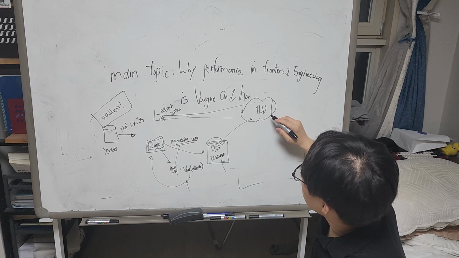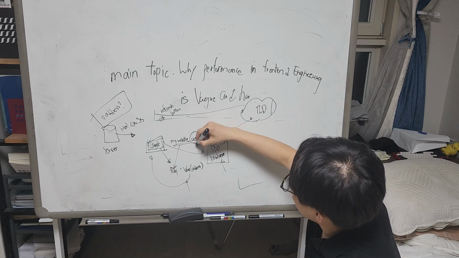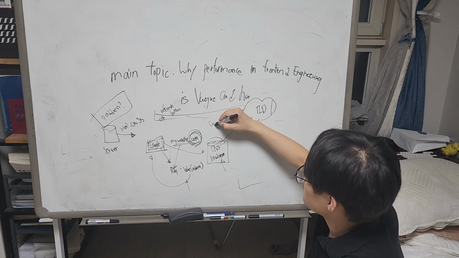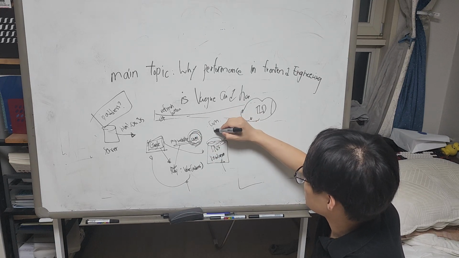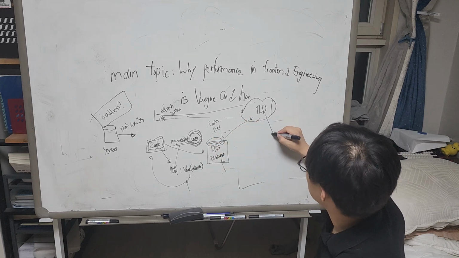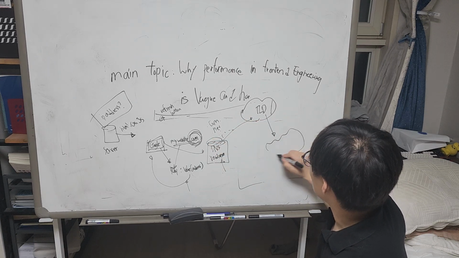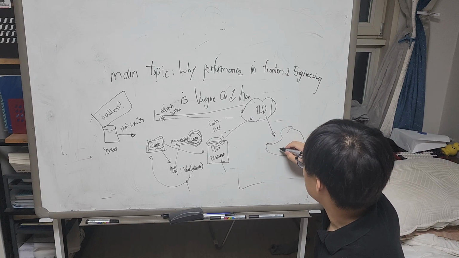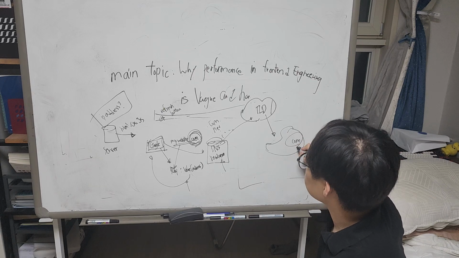TLD is the one that checks what the ending is going to be, whether your website was made with .com or .net or .io or whatever. If it's .com, it sends to the DNS cloud, the server which has the lists of .com.